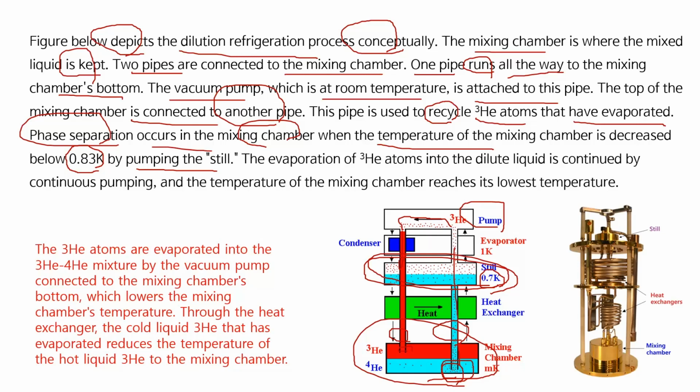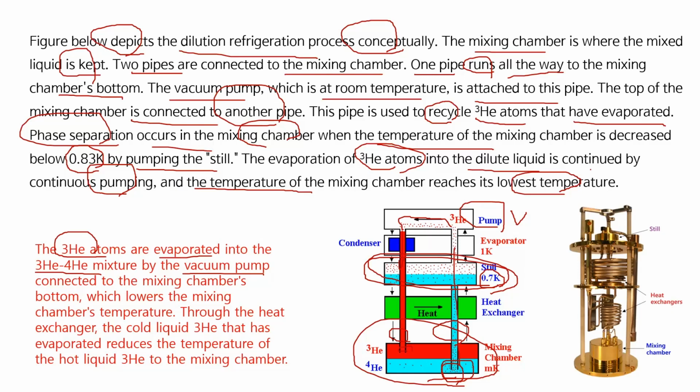The evaporation of helium-3 atoms into the dilute liquid is continued by continuous pumping, and the temperature of the mixing chamber reaches its lowest temperature. Okay. The helium-3 atoms are evaporated into the helium-3 helium-4 mixture by the vacuum pump connected to the mixing chamber's bottom, which lowers the mixing chamber's temperature.